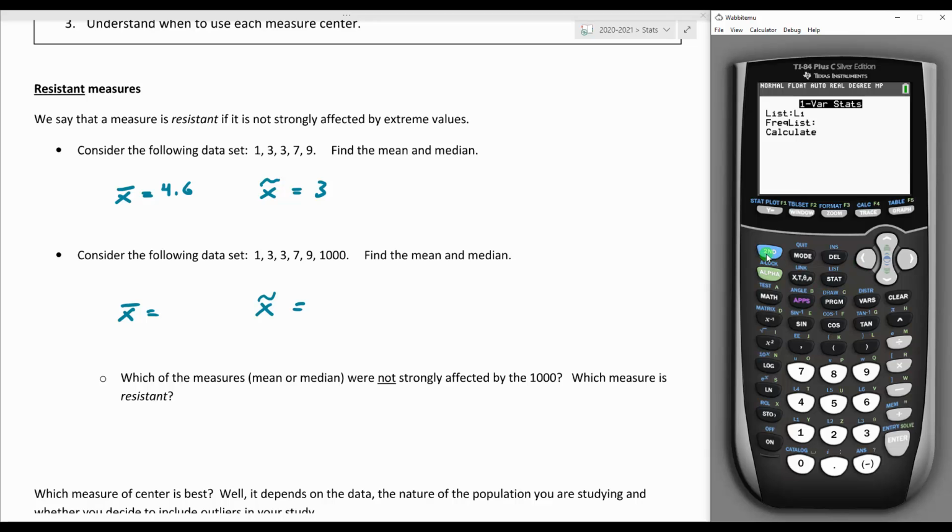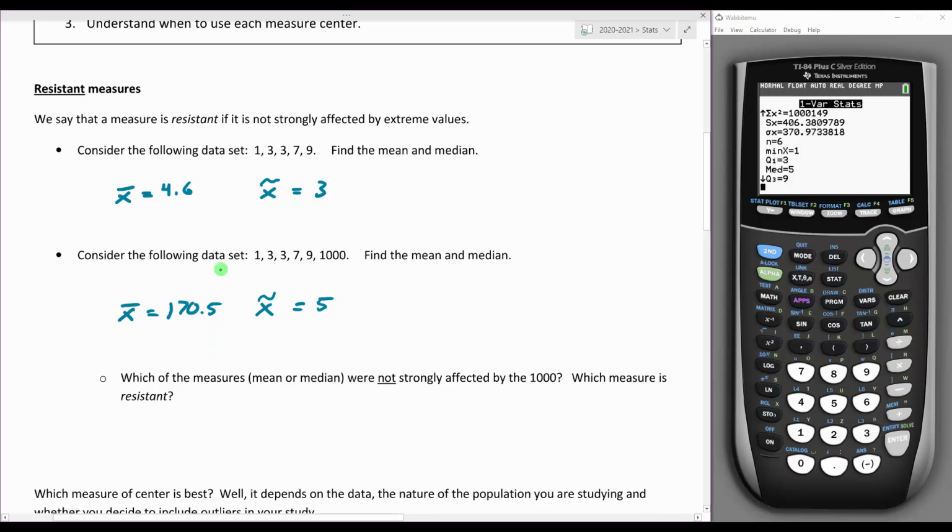Remember, list 2 just includes my extreme value. There we go. Let's look at what happened here. We have a mean of 170.5, and here our median is 5.